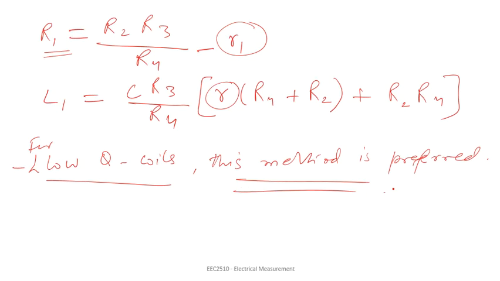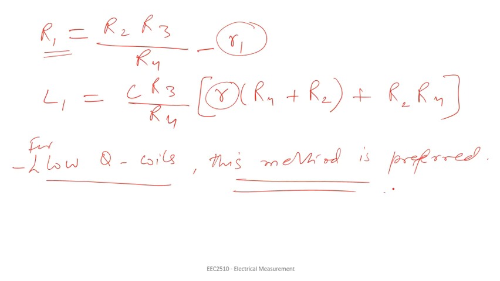Okay, so we had seen 2 or 3 methods for the measurement of inductance. We had seen the Maxwell's bridge method, the Hay's bridge method, and Anderson's bridge also we had discussed. All 3 bridges have their advantages and disadvantages, and they have their applications for different coils. For medium values of Q, Maxwell's bridge is preferred.